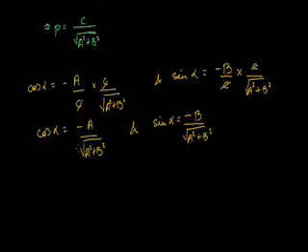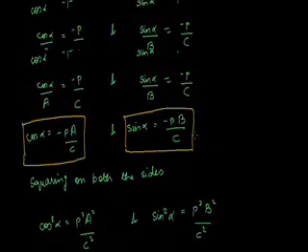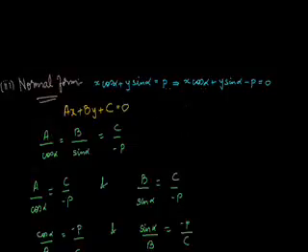Now substituting these values of P is equal to C upon under root of A square plus B square, and cos alpha is equal to minus A upon under root of A square plus B square, and sin alpha is equal to minus B upon under root of A square plus B square in normal form of the equation, which is this one.